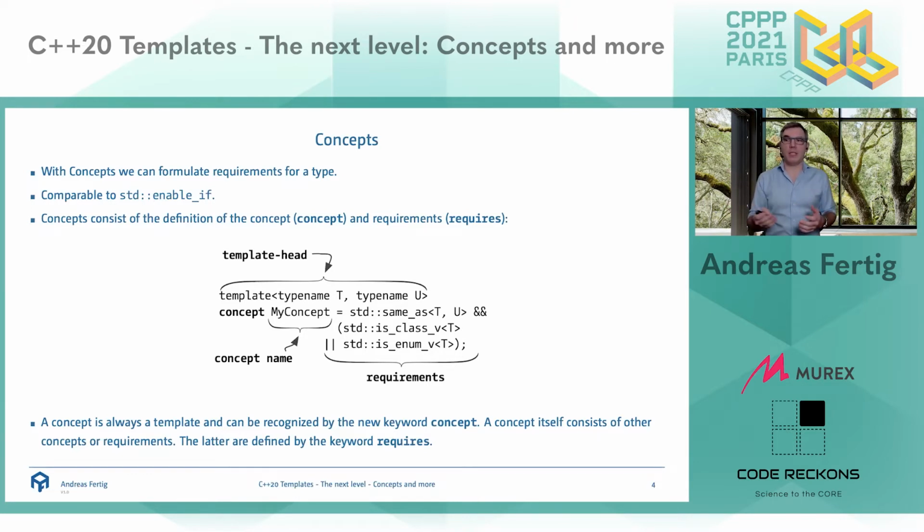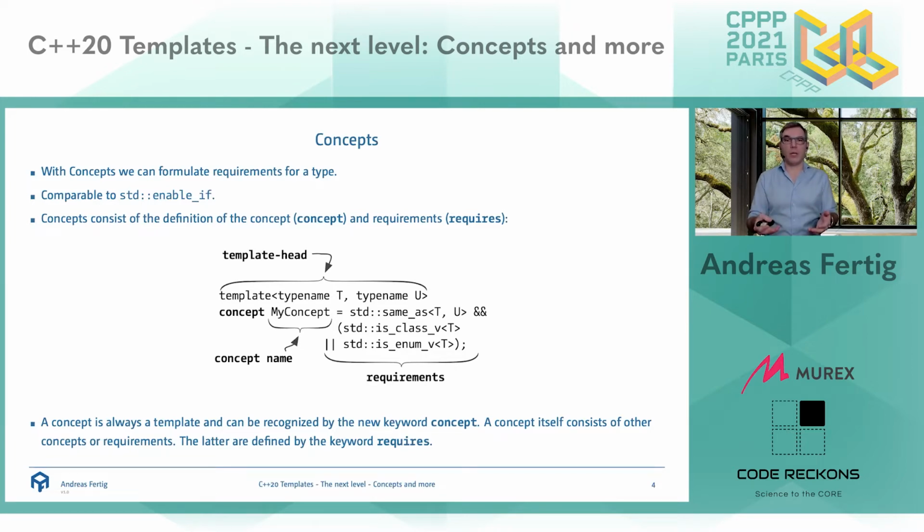In my case, I use another concept, std::same_as, which comes with the standard library in C++20, and std::is_class_v and std::is_enum_v. The last two are type traits. So the requirements must yield true or false at compile time.